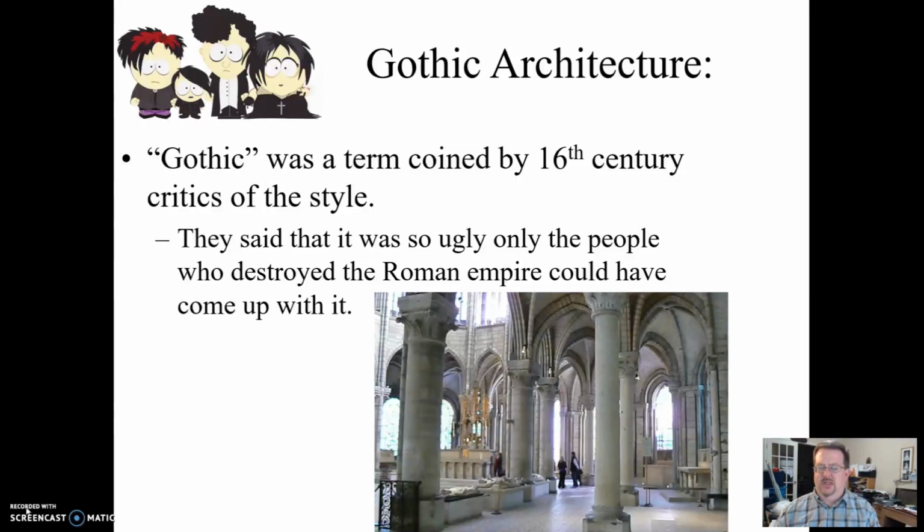And this is a style of architecture that's all about bringing light in. And just like the modern Gothic style was actually coined as an insult, so was calling this Gothic. People in the 16th century thought that these buildings were ugly, which is ironic because I think they're gorgeous. But they said that only the people who destroyed Rome could have come up with them.